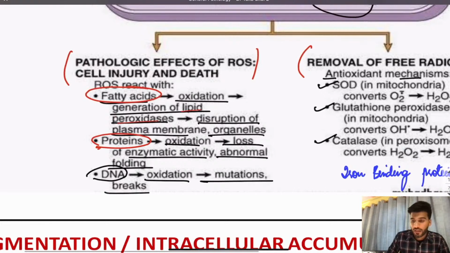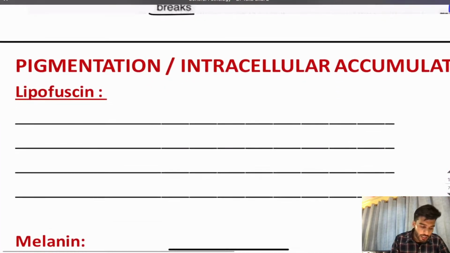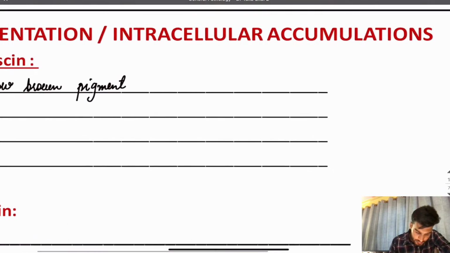So the day before yesterday, when we studied reactive oxygen species, they react with the fatty acids, proteins and DNA, and further they will cause cell death. While reactive oxygen species are reacting with these lipids, there is a generation of lipid peroxidase. Along with that there is an accumulation called lipofuscin. So write down about lipofuscin, guys. It's a yellow brown pigment derived from lipid peroxidation.